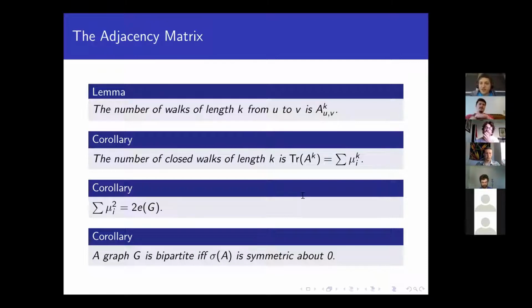To formulate this formally, if we look at k equals 1, if this spectrum is symmetric about 0 and we take the sum of literally all the eigenvalues, then for every mu, I also have a negative mu. So when I take the sum for k equals 1, I will get 0.